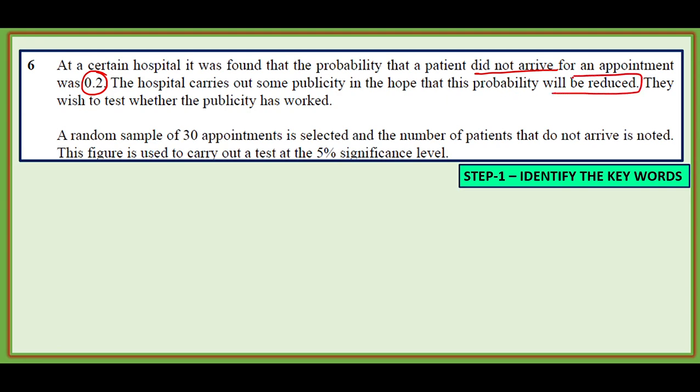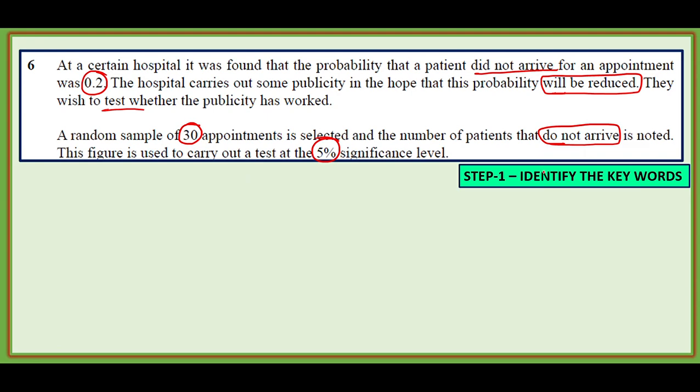This is a keyword. They wish to test whether the publicity has worked. The random sample of 30 appointments is selected and the number of patients that do not arrive is noted. This figure is used to carry out a test at 5% significant level.